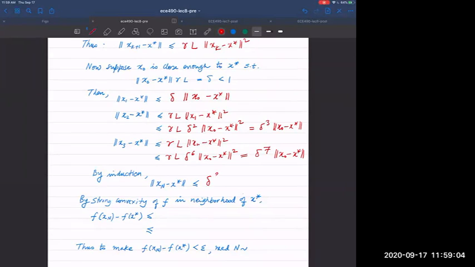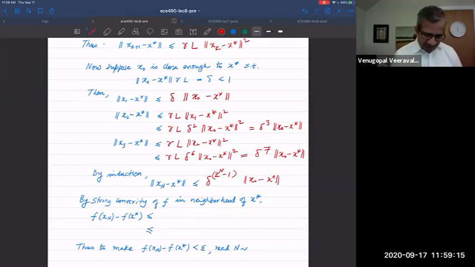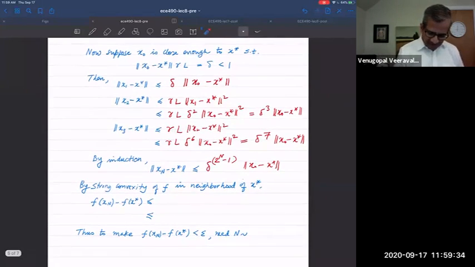Yes. So 2 to the n minus 1 times x0 minus x star. So now you see that the variable n is sitting in an exponent of an exponent. It's a second exponent, basically. Right? So instead of just delta to the n, I'm getting delta to something to the n. So that's interesting.